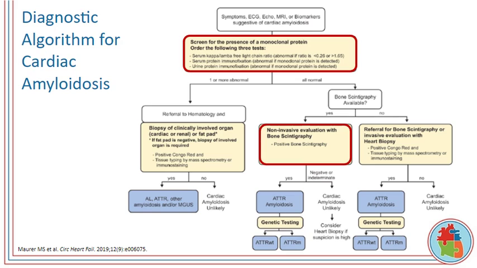And then if those tests are negative or normal, then bone scintigraphy is a good next step. Whereas if you have clear evidence of cardiac uptake on a PYP scan or other form of scintigraphy, this can be highly predictive of cardiac amyloidosis.